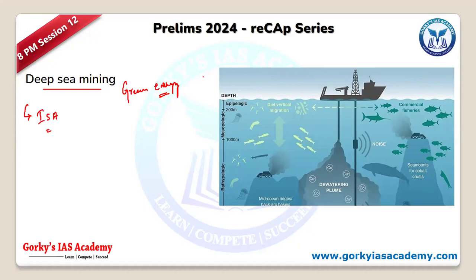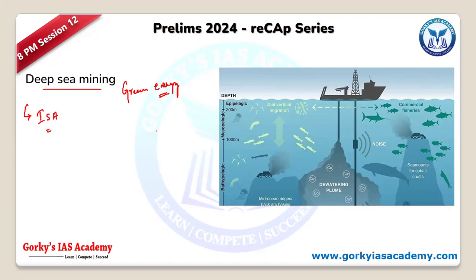Mining of critical minerals from deep in the ocean. What are the different types of minerals you get? You call them critical minerals. Polymetallic nodules, right? So we have polymetallic nodules.